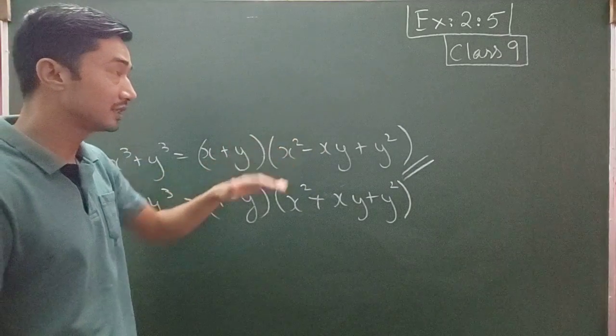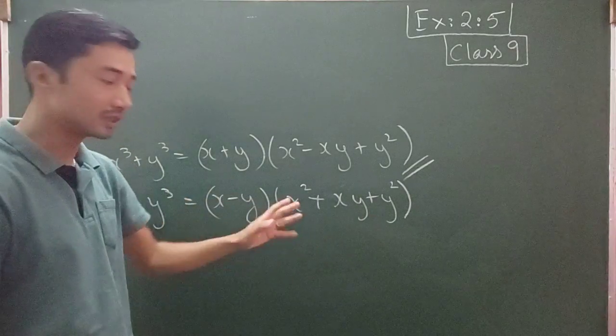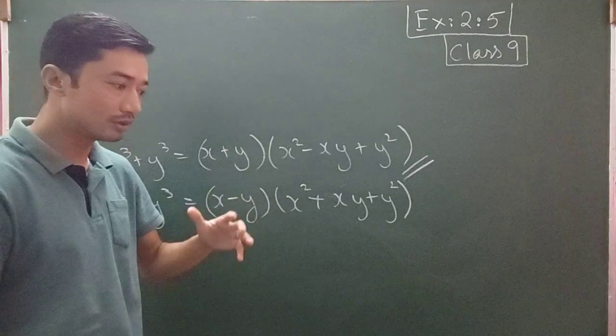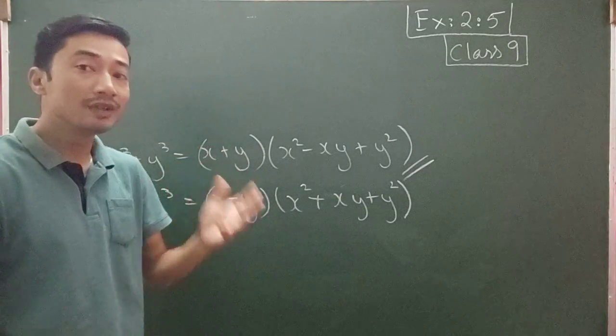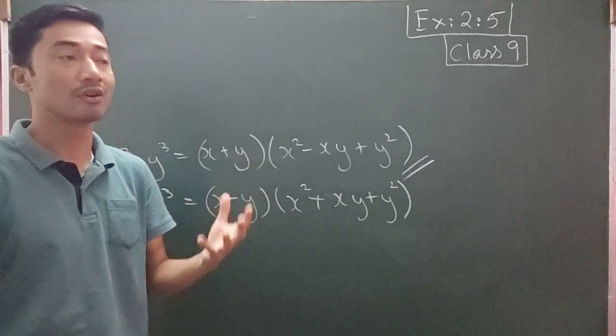Whereas for minus, except the first term, second term, everything positive. So find out your own way, don't just simply memorize it. Find out your own ways to remember and recall the formulas. Give your brain a reason to remember the terms that you're studying and the formulas.